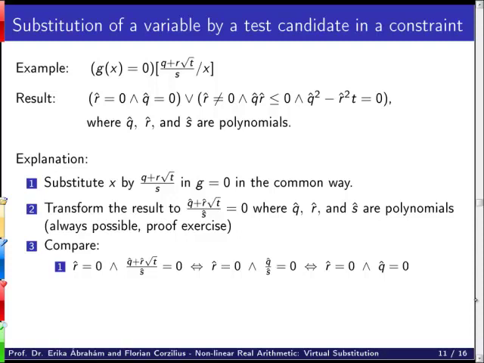That s is not 0 is also part of this test candidate, that this side condition holds, but in general it holds as well. So we can just get rid of this denominator and we get finally this result: r is 0 and q is 0. You see here it is the first case of our rule. So if r now is not 0, and this must be 0, that means, well, we have something here and something there.